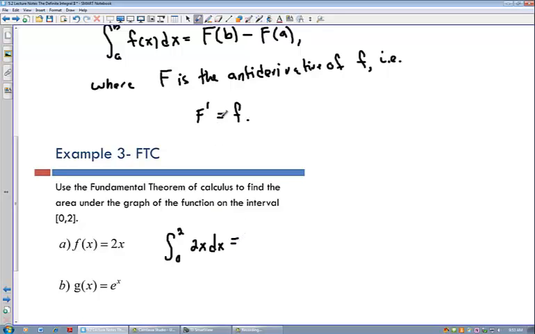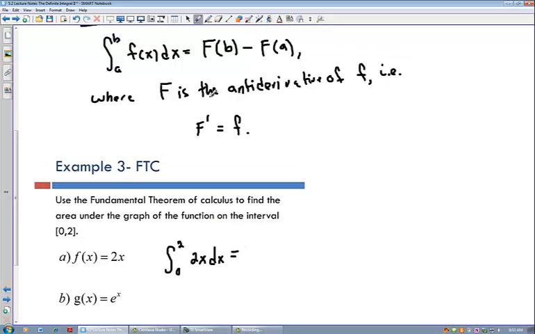So the idea, the fundamental theorem, if you look up here, what does it say? It says basically find this capital F, which is the antiderivative of little f. So can you think of a function whose derivative is 2x? Hopefully you think, oh, x squared.